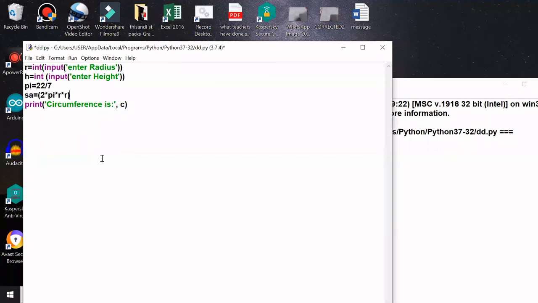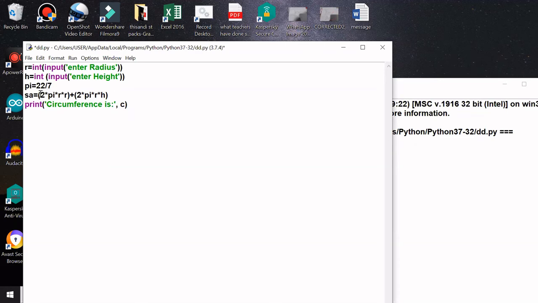Then after addition we have to add 2 pi r into h. It's very easy for you. So this is the way to find the surface area. That is your knowledge, that is not programming, that is maths.